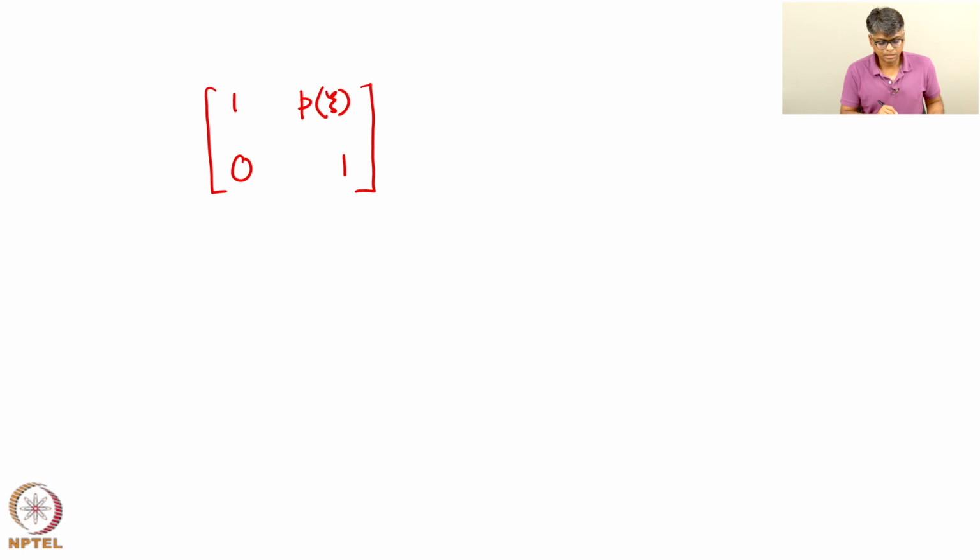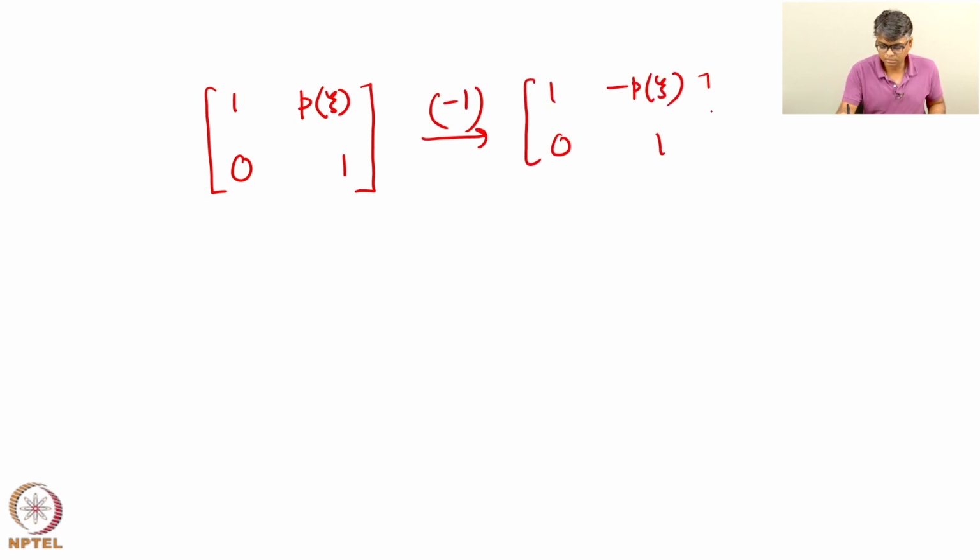And you can easily obtain its inverse, it is just 1 minus p psi 0 1. I think I have not made a mistake anywhere. This is 1 minus p, this is fine. This indeed is the inverse, right. So, you see the inverse also is a polynomial matrix.